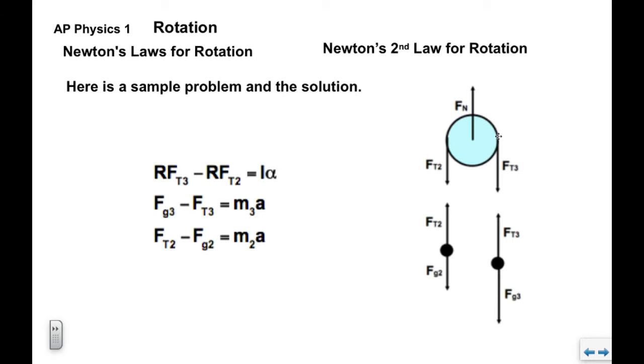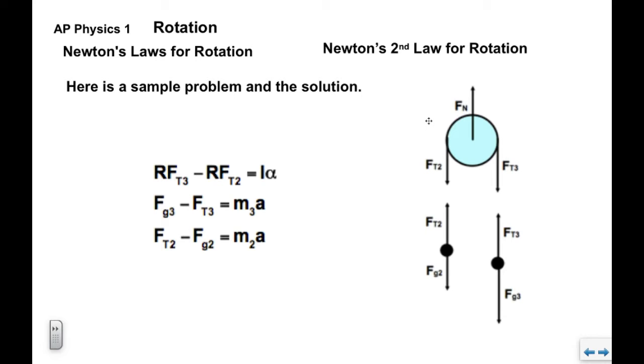So we have the radius of the pulley R times Ft3. Can you see why the sine theta can disappear? This is tangent to the circle, tangent to the edge of the disk. So in other words, the angle between the force and the radius is 90 degrees. Sine of 90 is 1, so we can eliminate it.